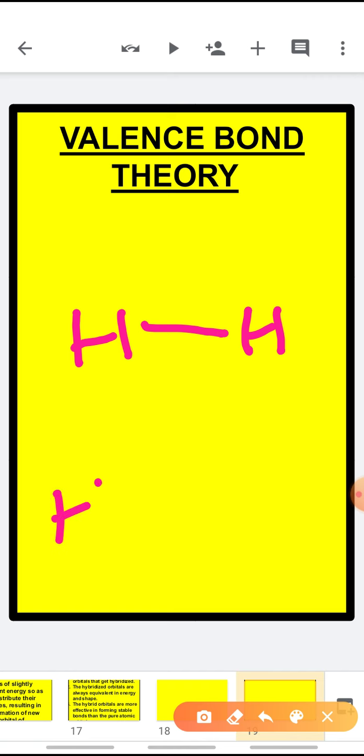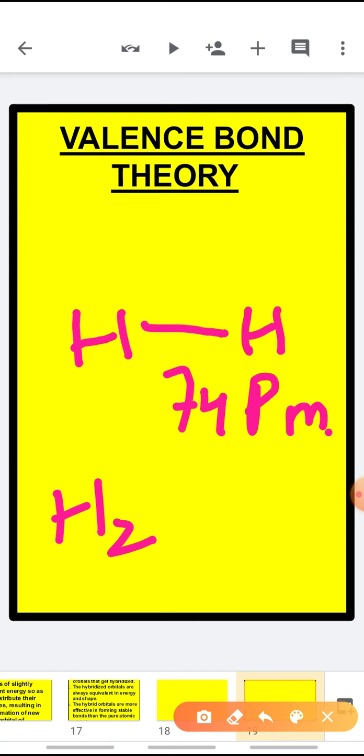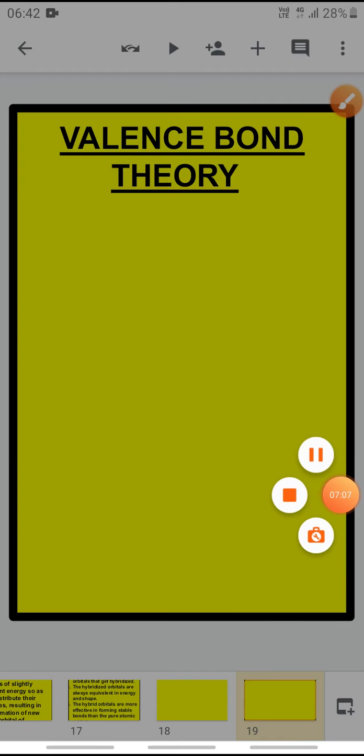The formula is H2 and the bond length is 74 picometer. The energy so released is called the bond enthalpy. When the two atoms came close to each other, energy was given out. That energy is called the bond enthalpy. So, this is the formation of the hydrogen molecule.